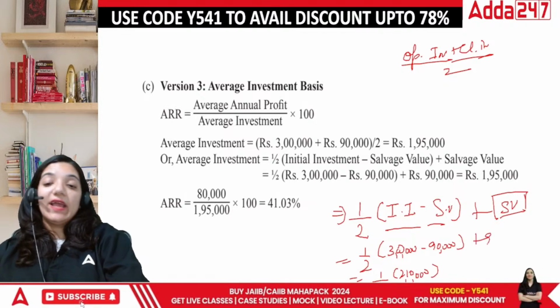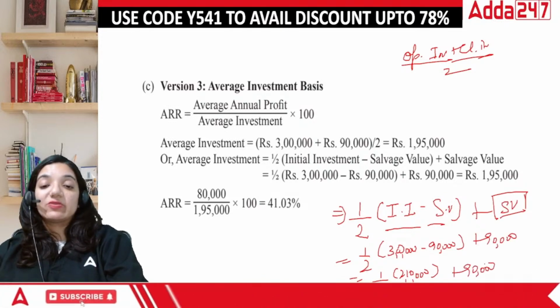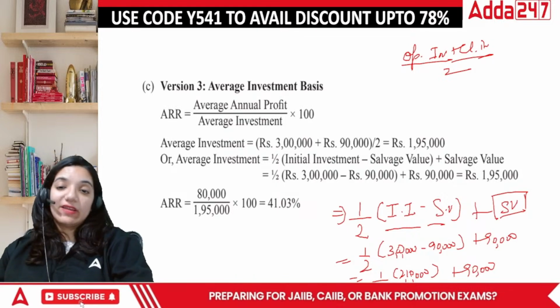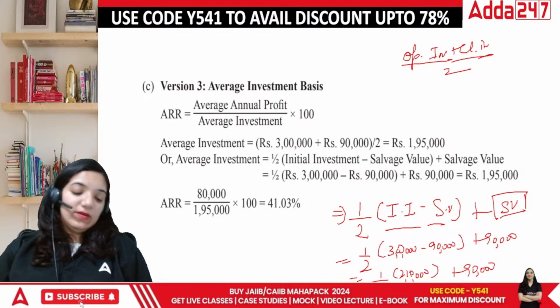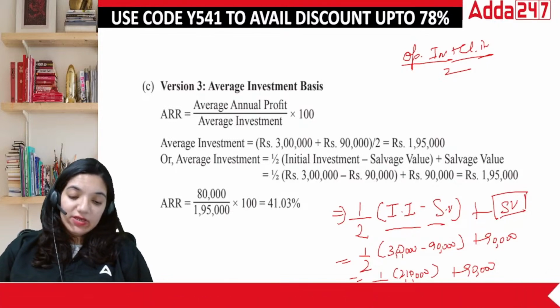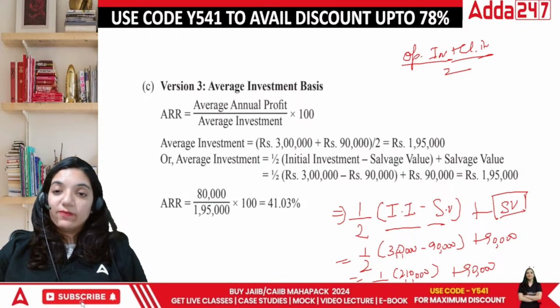Then 90 something you will definitely get back. So your total investment is what? Half of 2,10,000 plus 90,000. That makes a total. It is 2,10,000 divided by 2, 105, plus 90, making it 195.